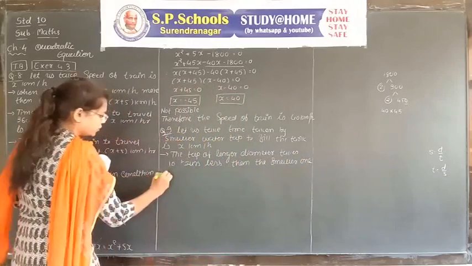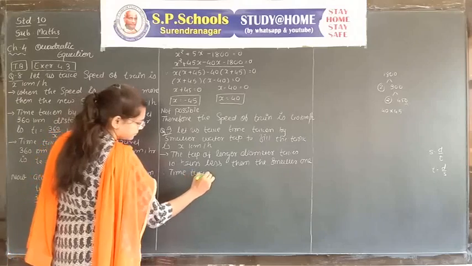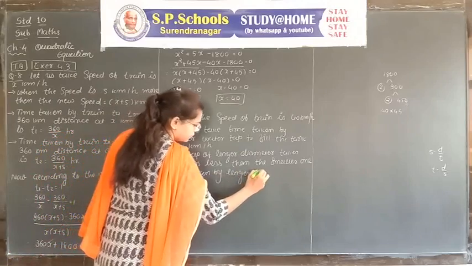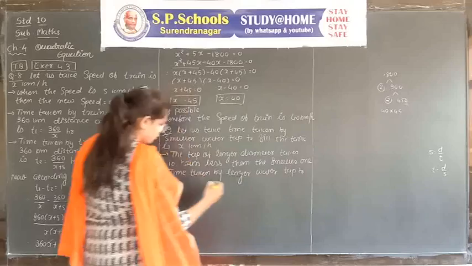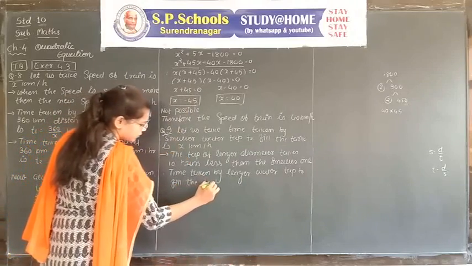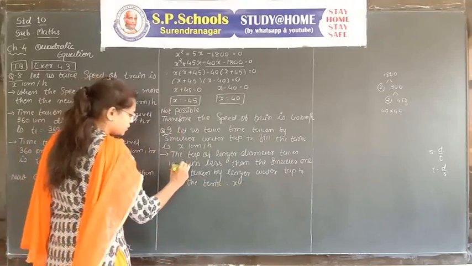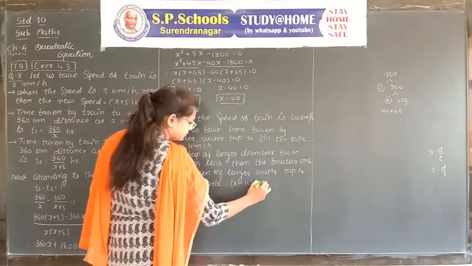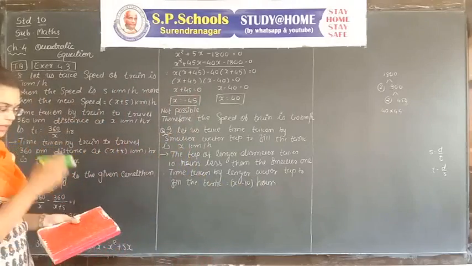Therefore, here the time taken by the larger water tap to fill the tank is equal to 10 hours less, means x minus 10 hours. It is the time taken by the larger water tap.